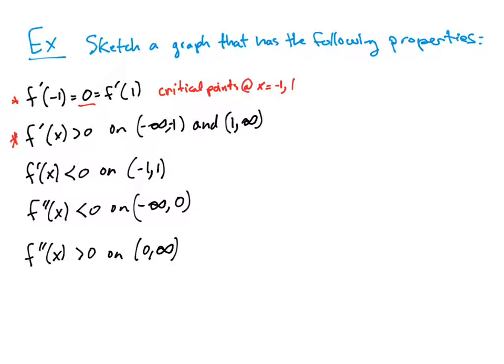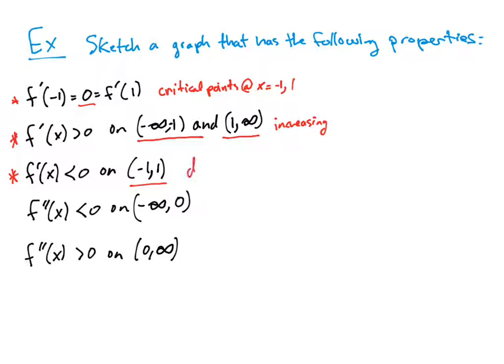Next up, we have the statement the first derivative of x is greater than 0 or it's positive on both of these intervals. That just means that the function is increasing over these intervals. Similarly, f prime of x is less than 0 on the interval -1 to 1.